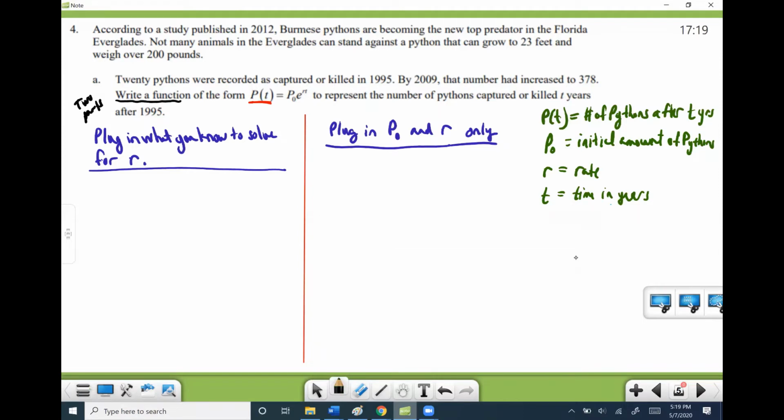So let's see here. 20 pythons were recorded as captured or killed in 1995. By 2009, that number had increased to 378. So we have this 20 that we have to figure out, and we have this 378. What do we think?